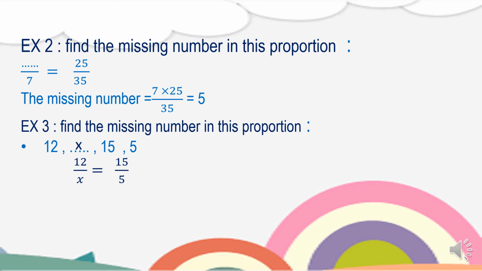I put the sign of equal, and 15 as the third term over 5 as the fourth term. Now it will be easy to get x. I have all the extremes, so I multiply the extremes and divide by the only mean I have. So x equals 12 times 5 over 15, which equals 4.